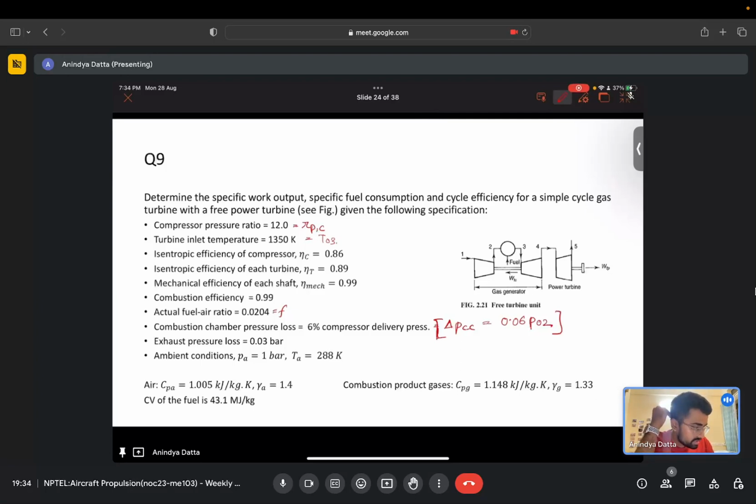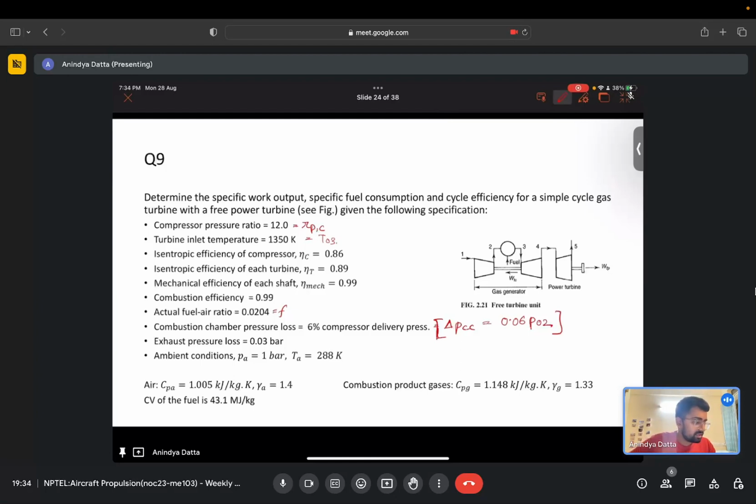Here the compressor is delivering air corresponding to state point 2, so the pressure is P02. Again we note that we are using stagnation pressure here.